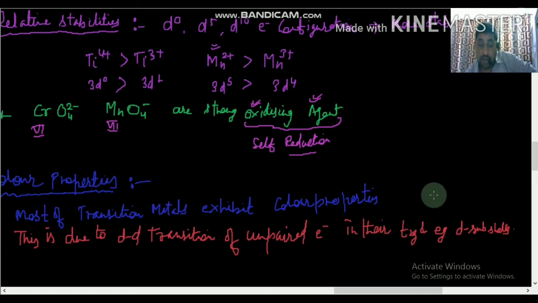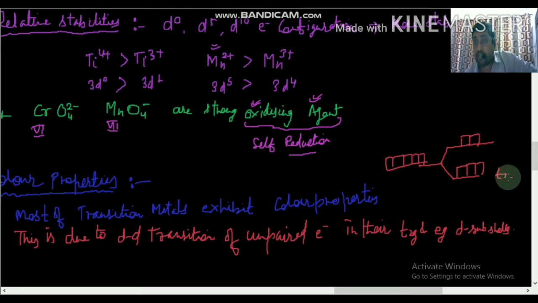from lower level to higher level, if I draw the diagram here, say it is the split d subshell, where this lower level is t2g and this higher level is eg.